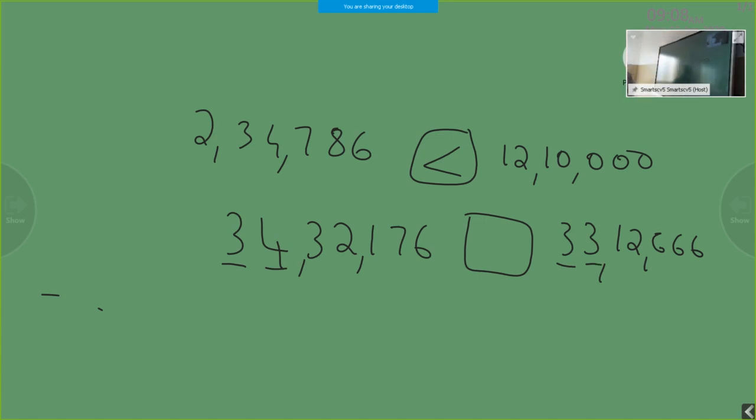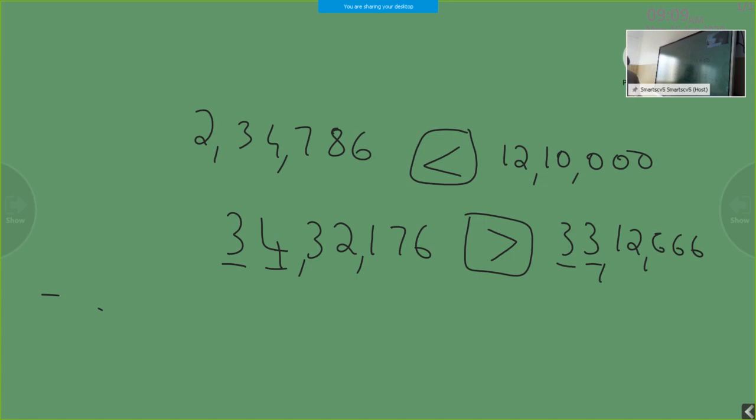When we compare 4 and 3, which digit is greater? 4 is greater, and in that case 34,32,176 is greater than 33,12,666. This is how we compare the numbers.